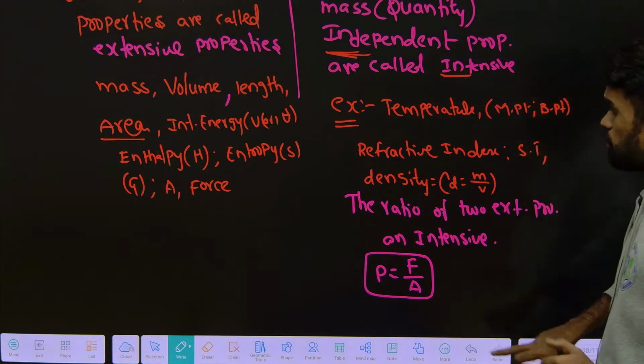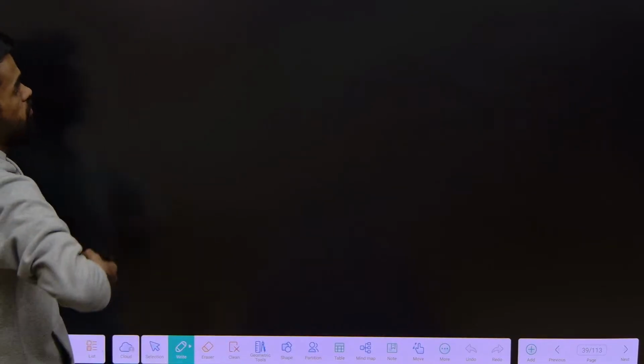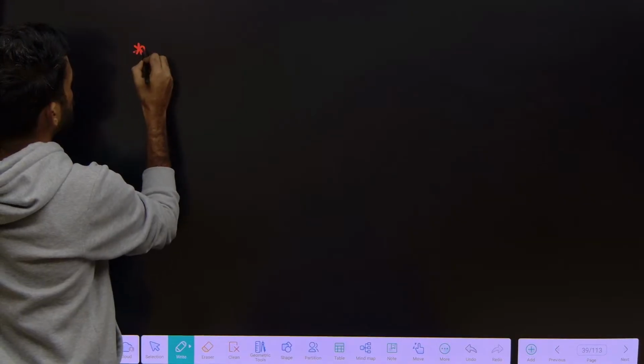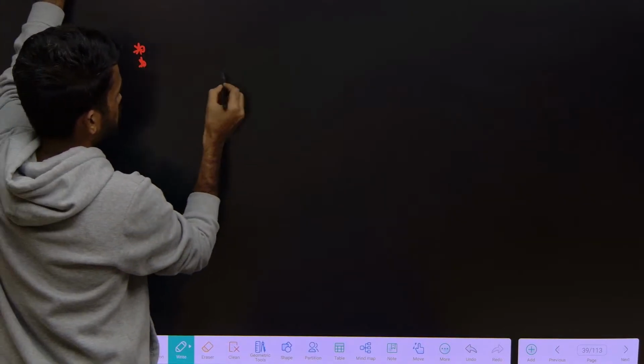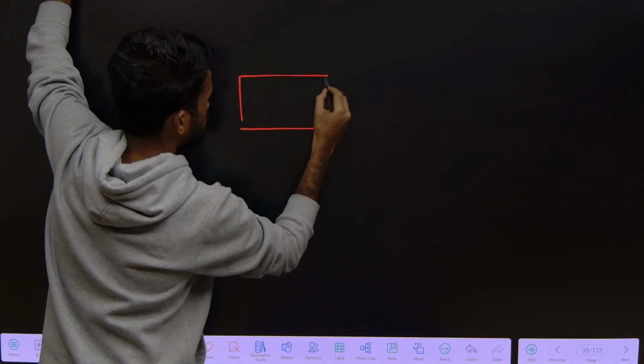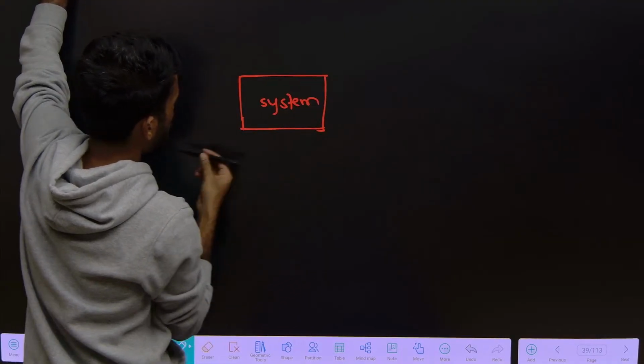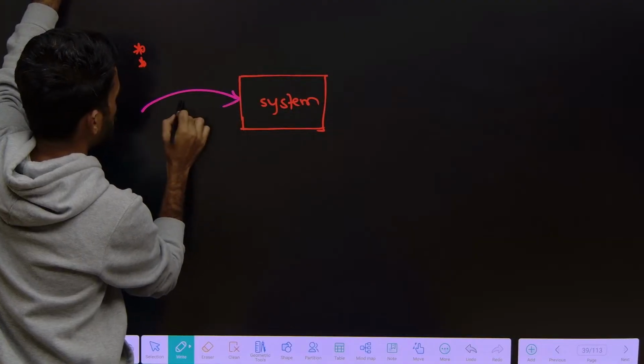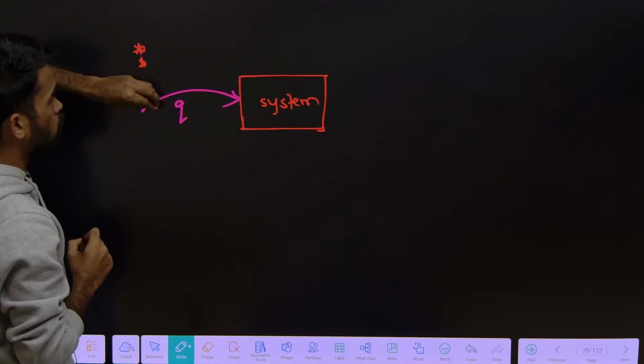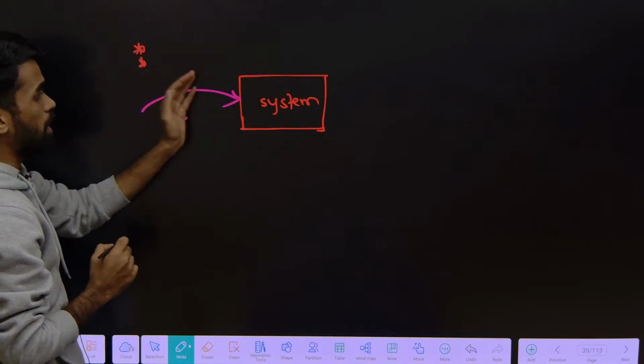Next, after this, what are the other things you need to know? If this is a system, and I am passing Q amount of heat, Q amount of heat is supplied to the system.